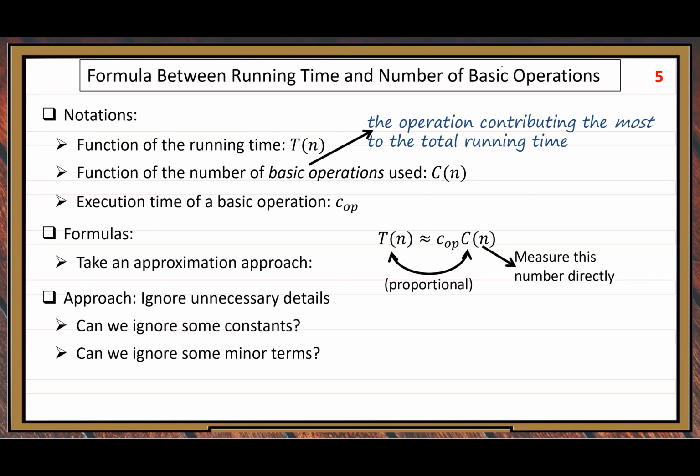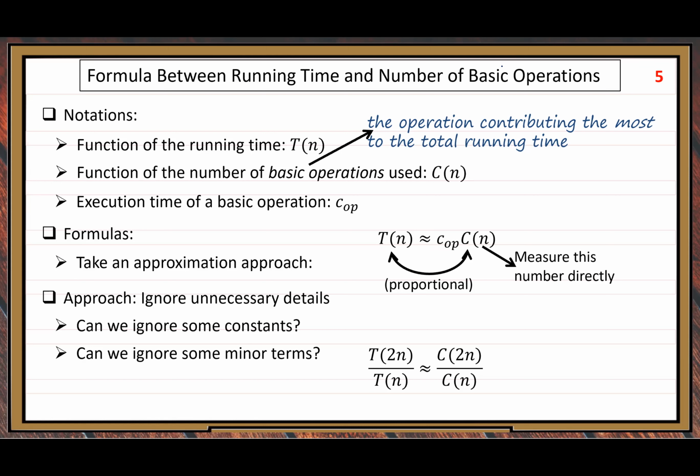Let's look at this question: can we ignore some minor terms? Let's take the ratio, T of 2n over T of n. This ratio can tell us how fast this function increases every time you double the problem size.